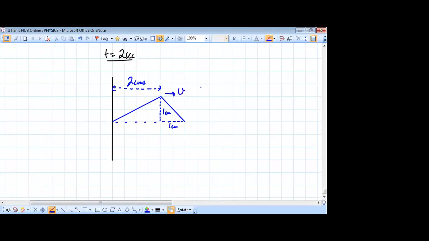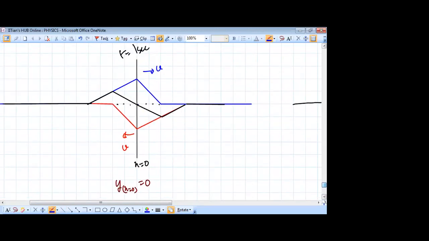So the imaginary inverted pulse, where would that one be? That one would be, this is another 2 centimeters from here.